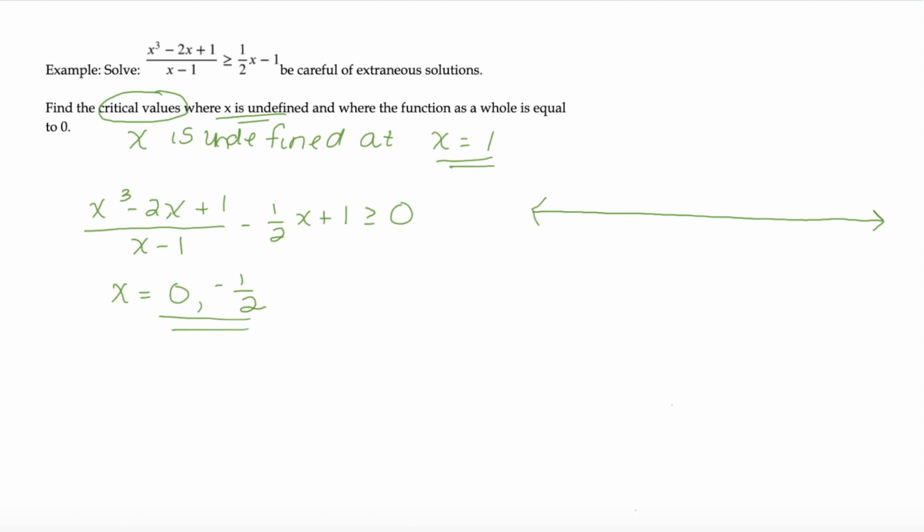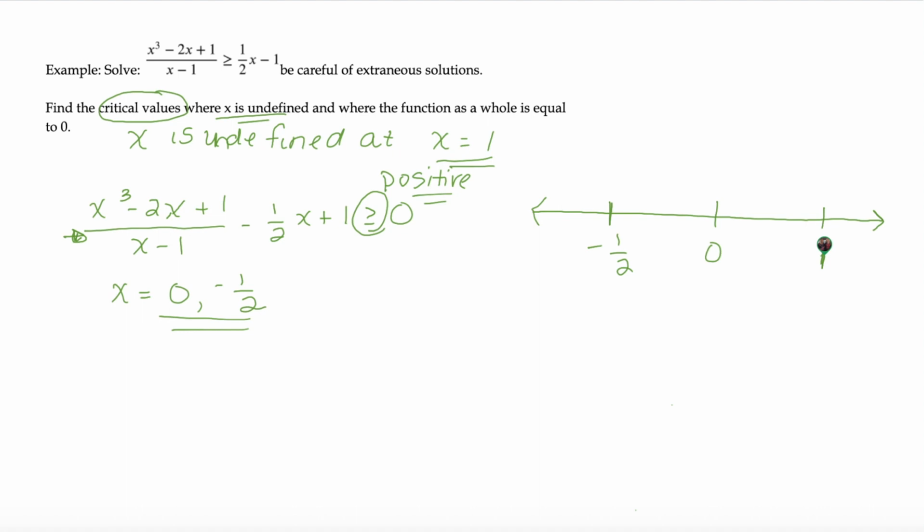Notice here when I started to solve that I'm looking for values that are greater than or equal to 0. So we're only interested in when our graph is positive. I'm going to utilize my critical values to place them on the graph. So -0.5, 0, and 1.